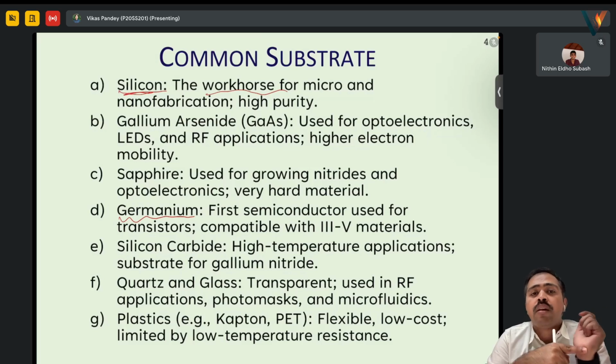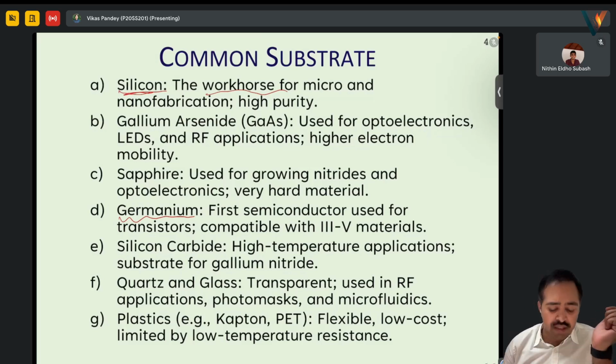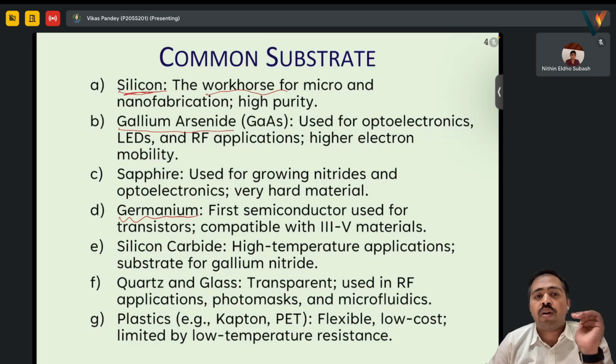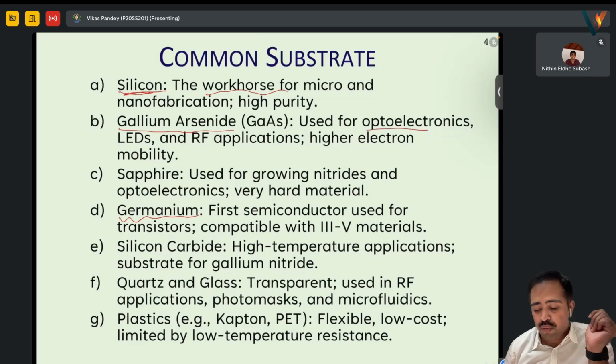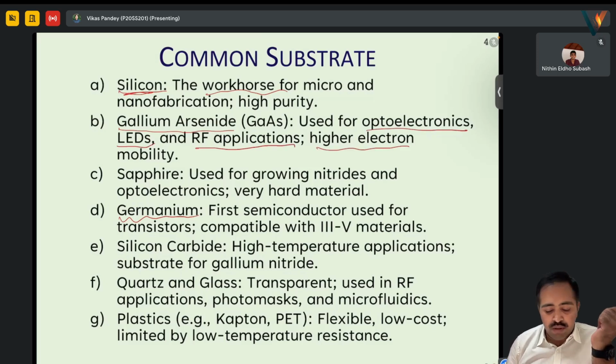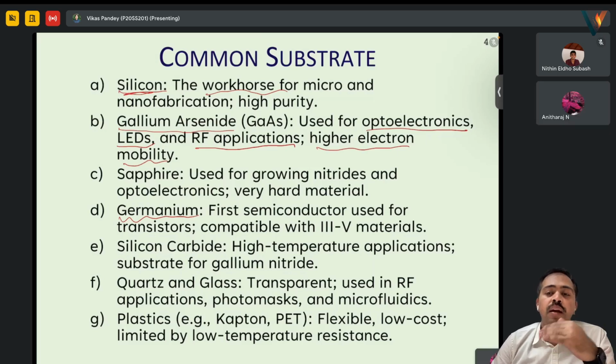So these are compound semiconductors, and gallium arsenide as well as gallium nitride are some of the common compound semiconductors. Gallium arsenide has found a lot of use in optoelectronics, LEDs, and RF application, as well as high electron mobility, on which HEMTs are made.